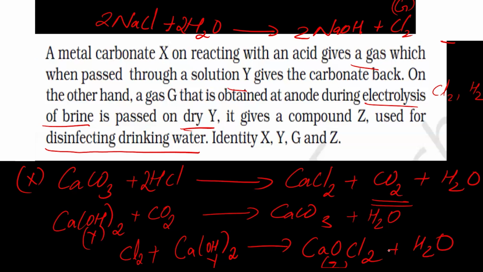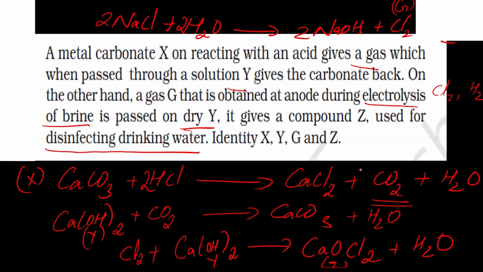This equation is very simple. I will read it again. Metal carbonate on reacting with an acid gives a gas which, when passed through a solution of Y, gives a carbonate back. Reacting with acid giving a gas means carbon dioxide gas. Carbonate back means it will be calcium carbonate.